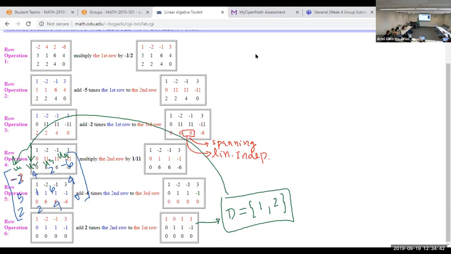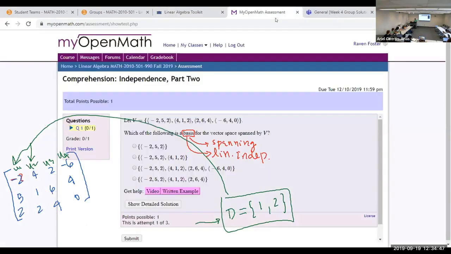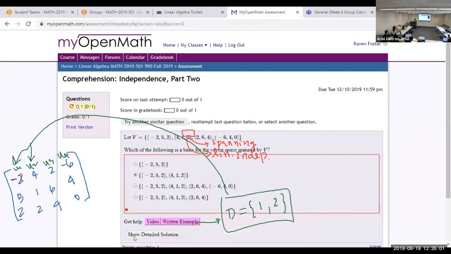Can we try that? Raven, if you answered that, you did it wrong. You have to answer the one that has all 4. Choose that, Raven, and see. Wrong. Okay, so show.